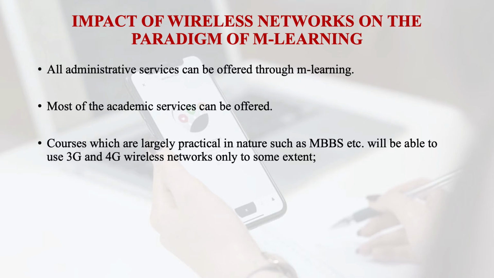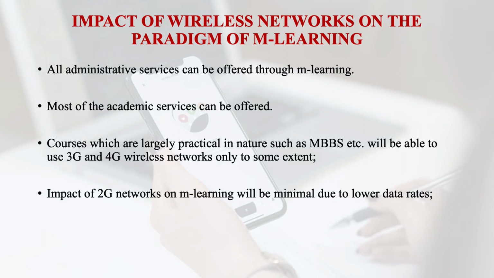Of course, they have to depend on simulations. The impact of 2G networks on mobile learning will be minimal due to the lower data rates. See, mobile learning requires a high data rate. Currently, 4G is available. So anybody who has an older mobile phone that is not running 4G but running less than 4G may face difficulty learning using mobile devices.